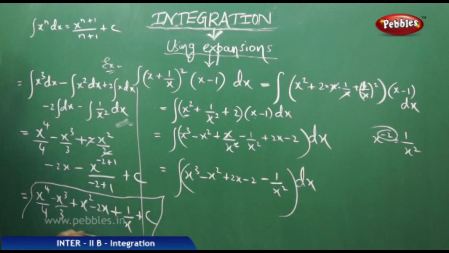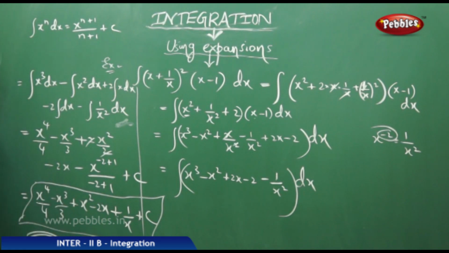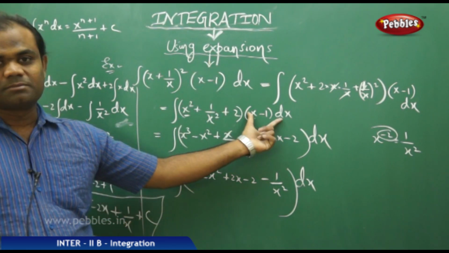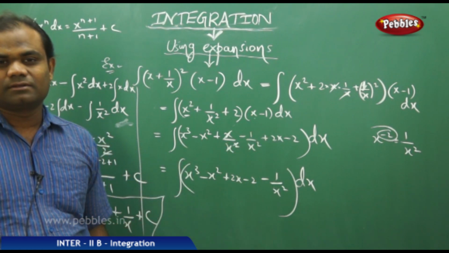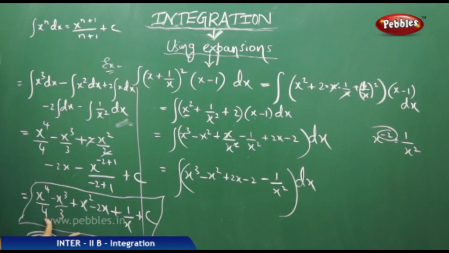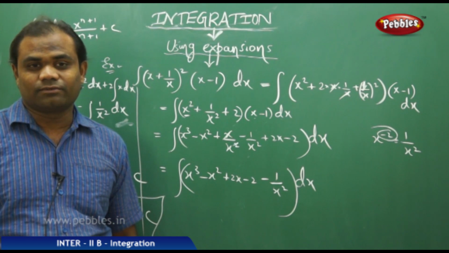That is how I understand the integration of this function, using the expansion of a plus b whole square multiplied with the factor. The product of two factors on integration gives us the answer as x power 4 by 4 minus x cubed by 3 plus x squared minus 2x plus 1 by x plus the constant of integration c.